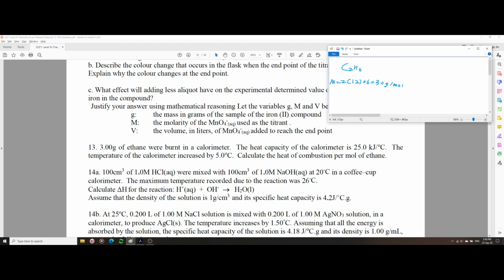Again, if you forgot the units, it's n equals mass over molar mass, and then you know what to do next. So with that, we have the molar mass, we have the mass, so we can get the number of moles. The number of moles is the mass over the molar mass. So with that, it's 3 over 30, which is 0.1.